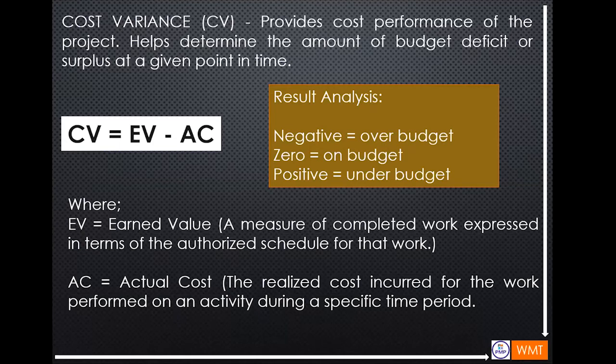If the result is negative, it means it's over budget, you spend too much. If zero, it means on budget, and if positive, it is under budget. So normally we aim for zero or positive.